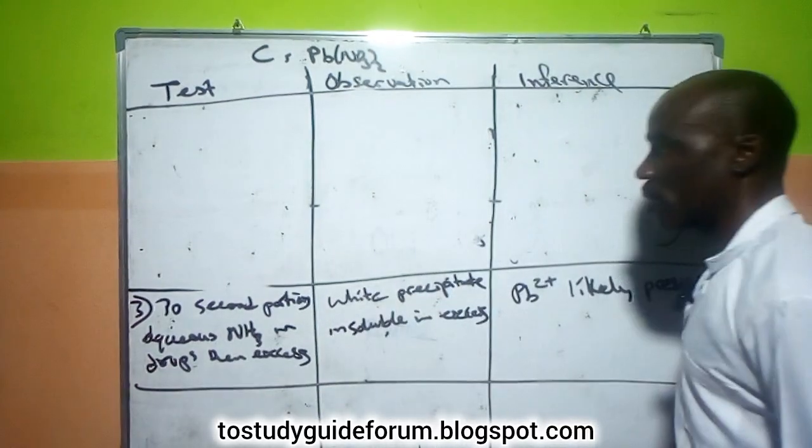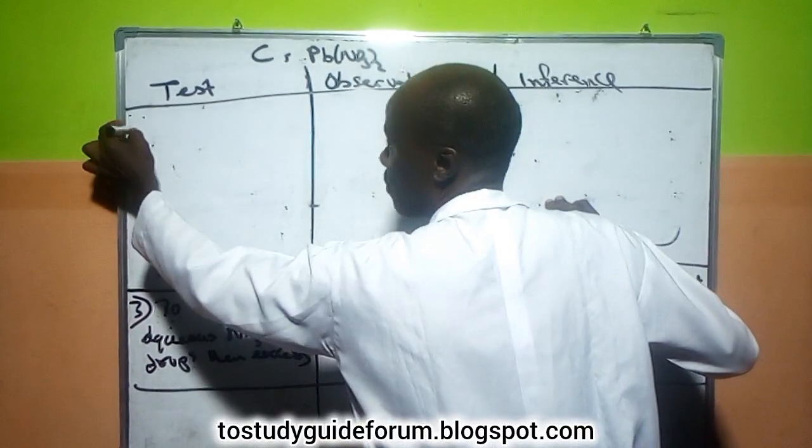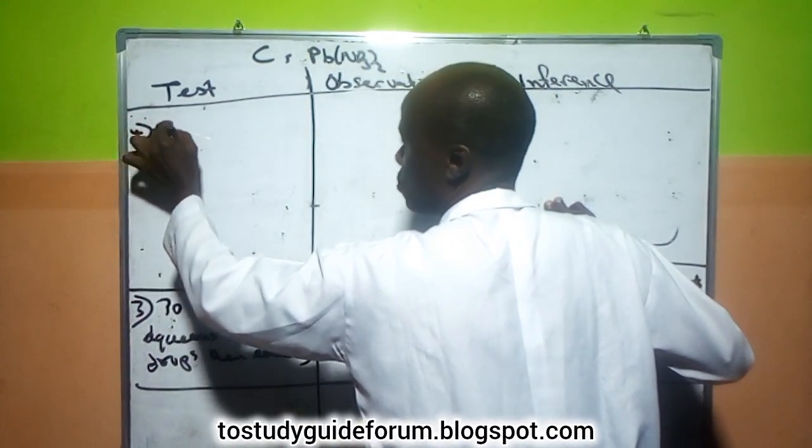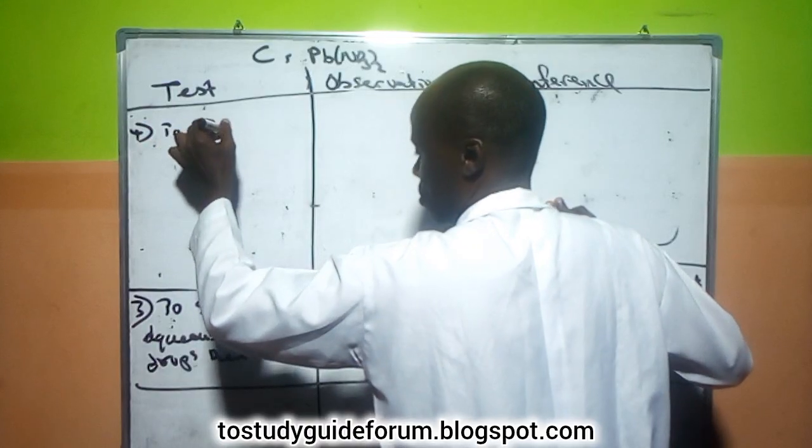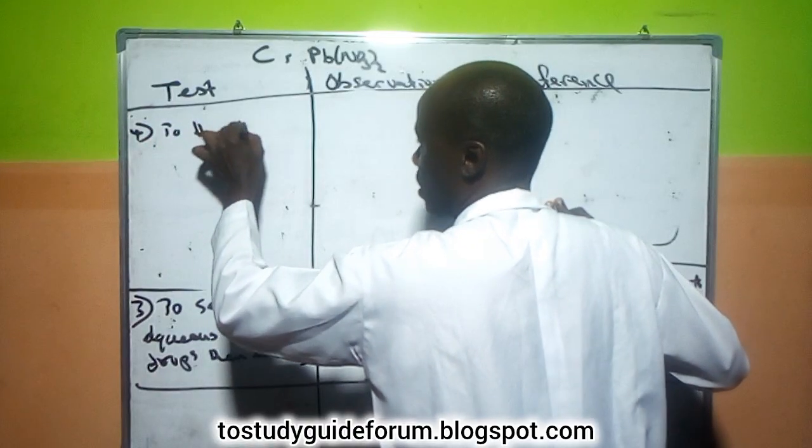With the dilute hydrochloric acid, we have the third portion.